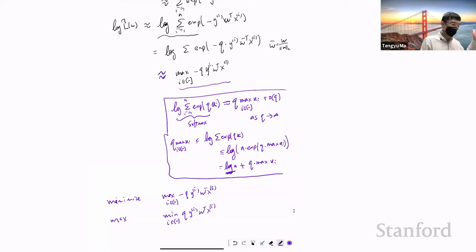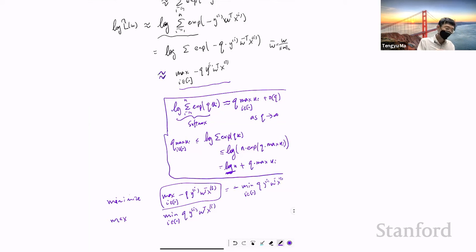It's not like you're switching min and max; it's just really the sign. The max of minus this is equal to minus the min of Q yi W transpose xi, and then you can put this minus outside the minimize.